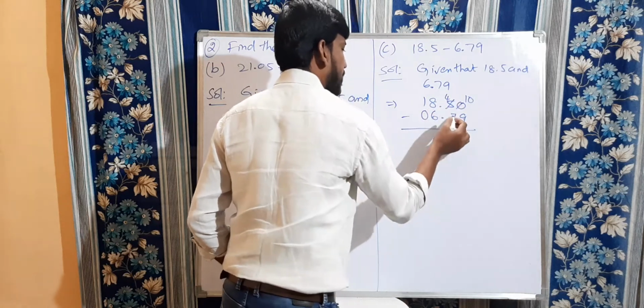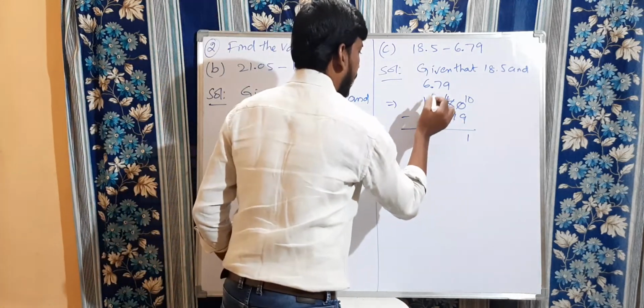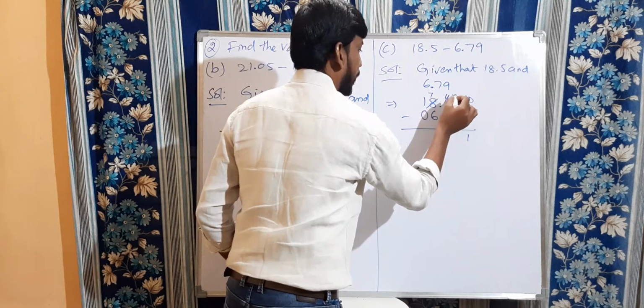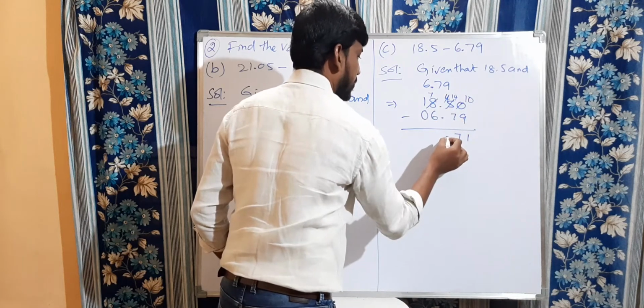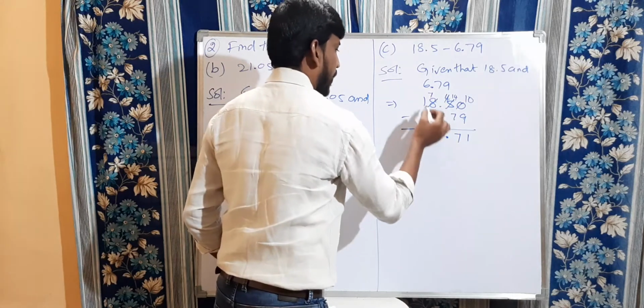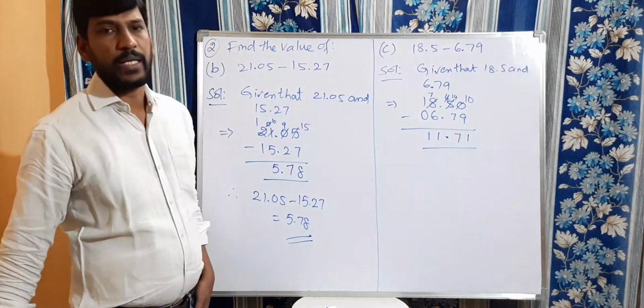Now again 4 minus 7 is not possible, so again you need to take the borrow from 8. This will become 7 and this will become 14. 14 minus 7 is 7. The decimal point stays as it is. 7 minus 6 is 1. 1 minus 0 is 1. So what is the value here? 11.71.